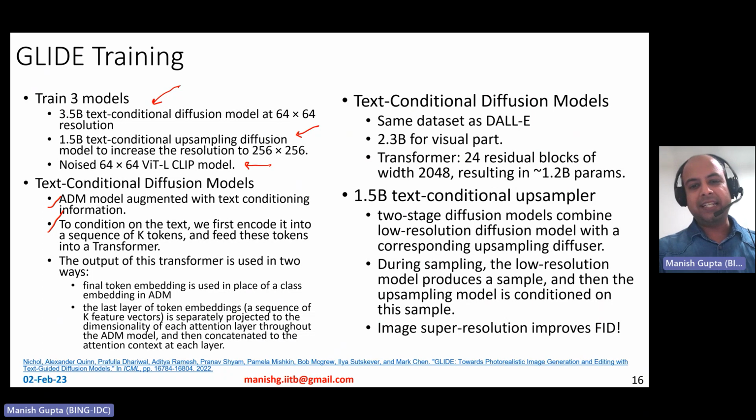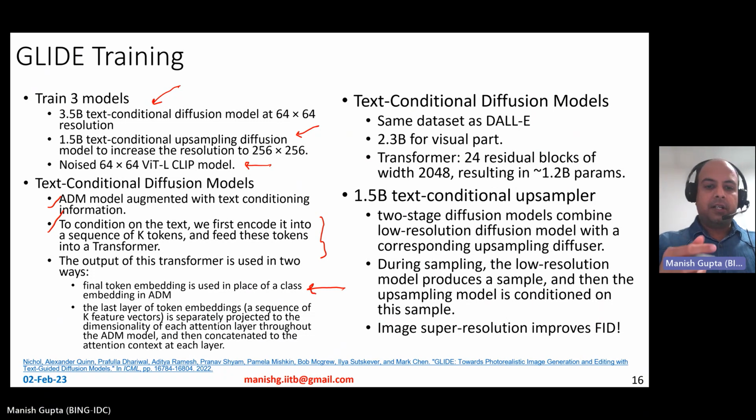Therefore, to condition on the text, we first encode it, because text has to be encoded: you need some embedding for text to be used there. So you take the text caption and encode it using a transformer. The output of the transformer is fed to both of these places. One, you pass it as a class embedding in the ADM layer, the AdaGN layer.